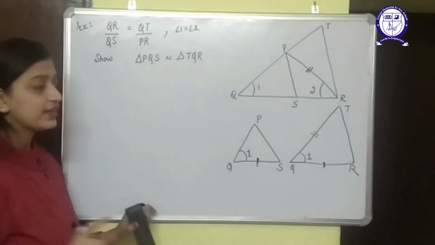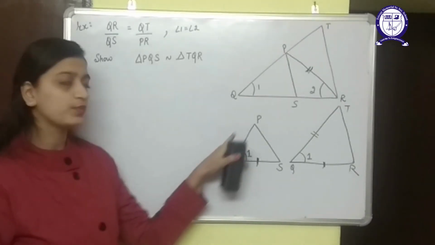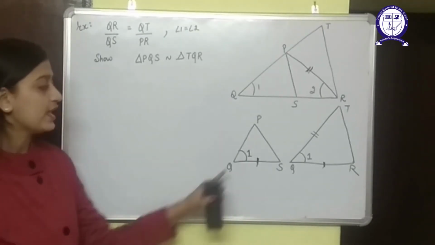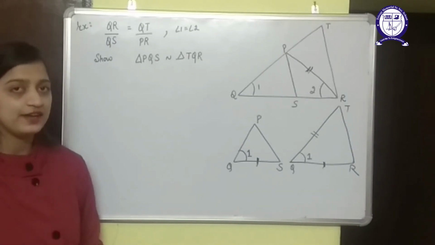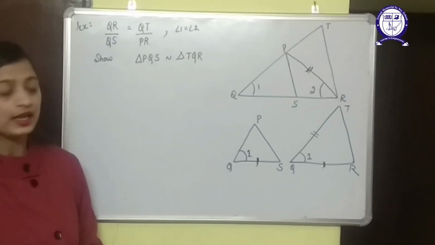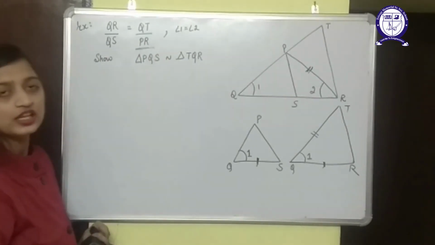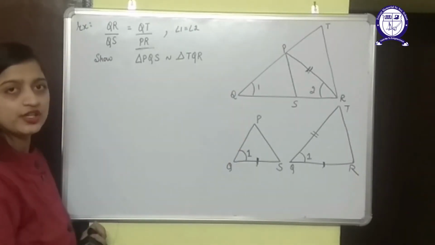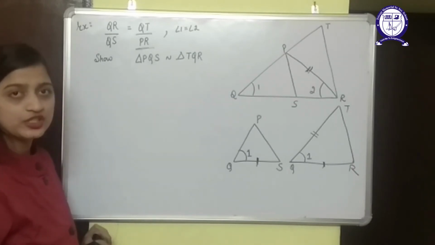But if I had PQ in this question, then the proof would be very simple, because these would be the proportional sides and this would be the included angle. So by side angle side we can prove the similarity. But the thing is that PR is given in the denominator, but we need PQ in the denominator to prove it similar. So can we prove PR and PQ equal to each other?